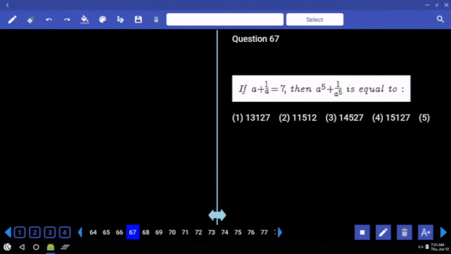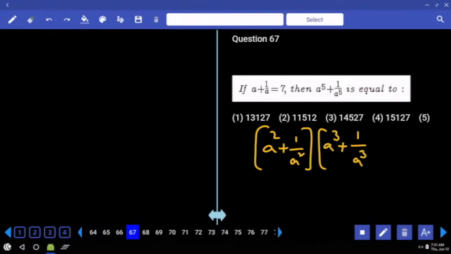a to the power 5 plus 1 by a to the power 5 will be equal to a square plus 1 by a square, into a cube plus 1 by a cube, minus of a plus 1 by a. We already know this number. This is 7.